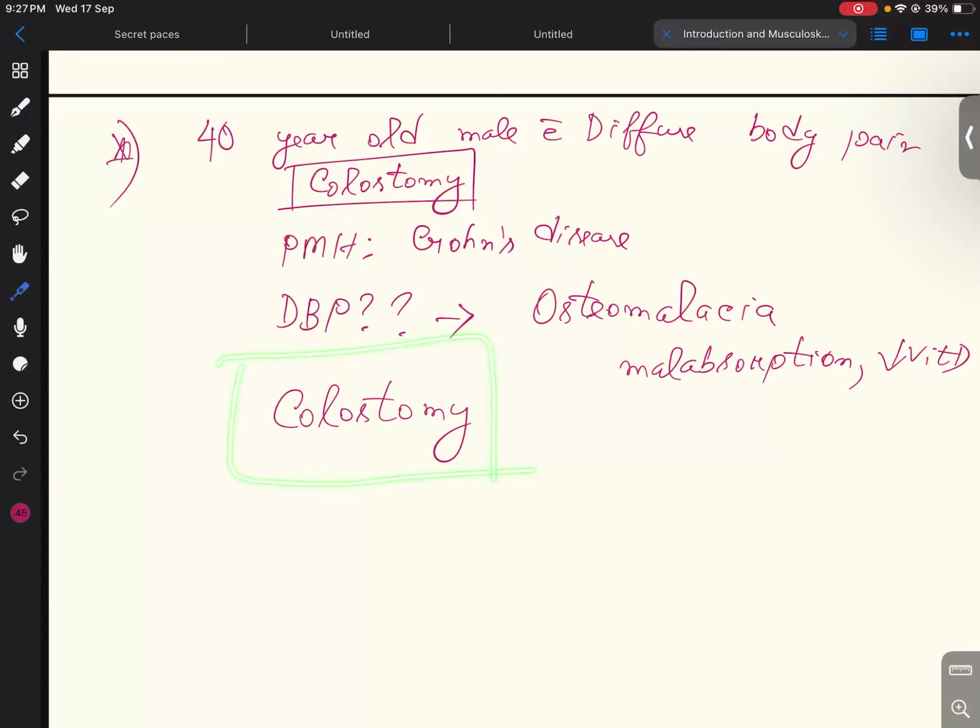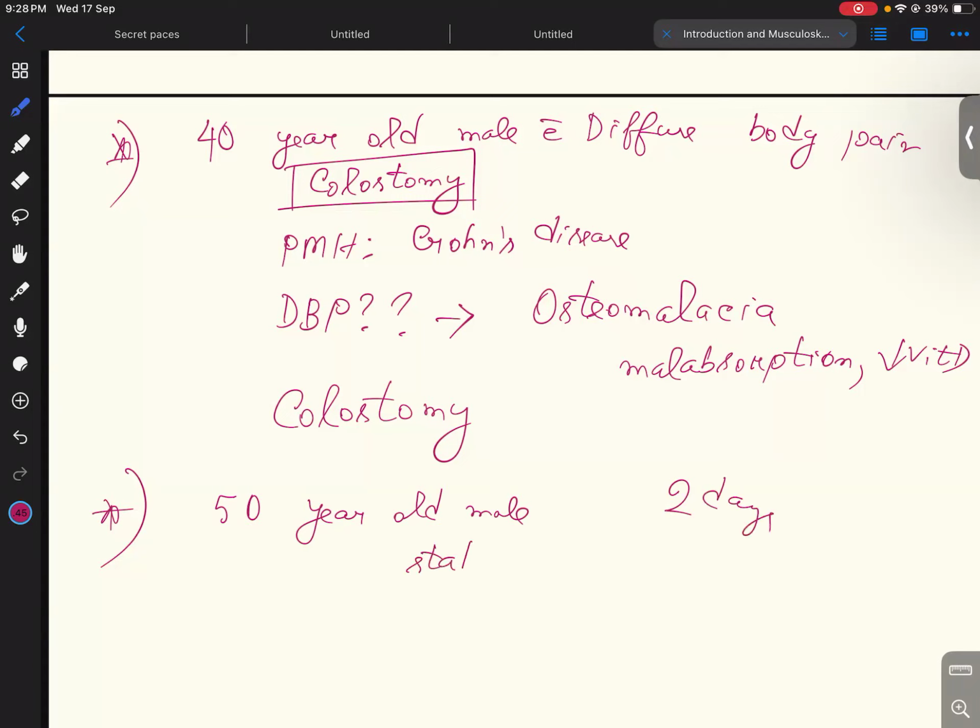Then another case, this also came in the PACES exam. A 50-year-old male with diffuse body pain for 2 days. Taking the drug history, there is a history of statin intake.